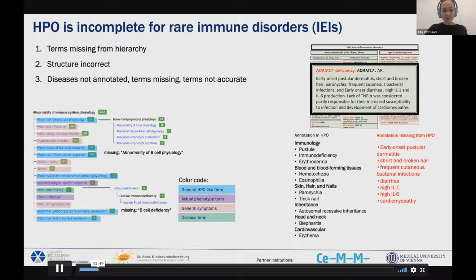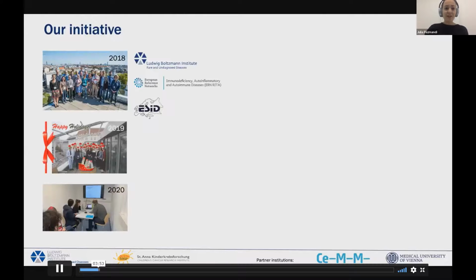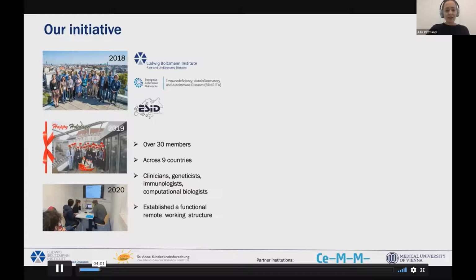And in order to do this, we have started an initiative in 2018, spearheaded by the LBI RUDY, the ERN RITA, and ESID. We had 3 in-person meetings so far and many, many remote ones. And currently we have over 30 members across 9 different countries, among them clinicians, geneticists, immunologists, and computational biologists, and some of these members are actually here today.